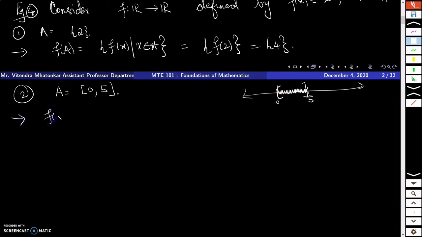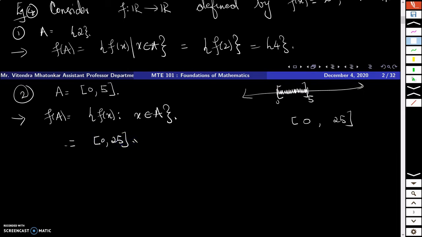So f of A will be, again by definition, the set of all points of the form f of x where x is coming from A. In this case, you can easily see that the points in the closed interval 0, 5 will be mapped to the points in the closed interval 0, 25, because each point here will be mapped to its square. So this is nothing but the closed interval 0, 25.